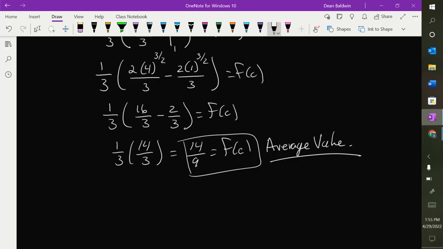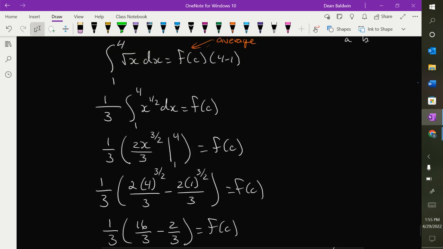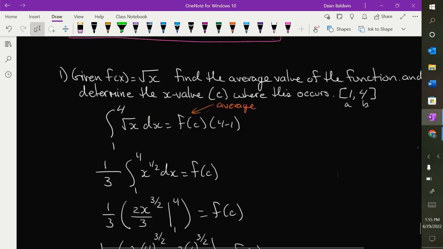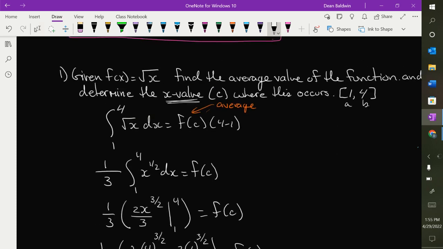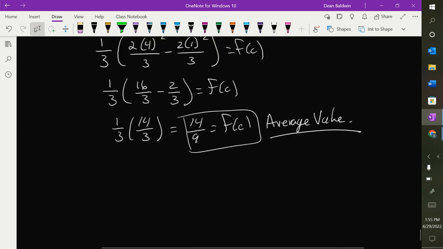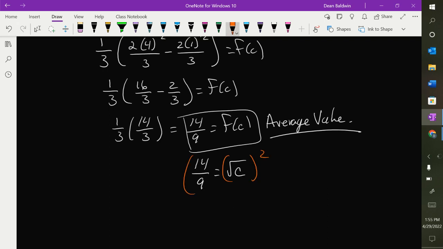Second part of that, so that's the average value of the function, 14 over 9. That's the y value. If they ask for c, which I did ask for, I'm asking for the x value. So what is our function? It's root x. So I go 14 over 9 is equal to f of c. So really that's just root c. If I want to know what c is, I just square both sides.